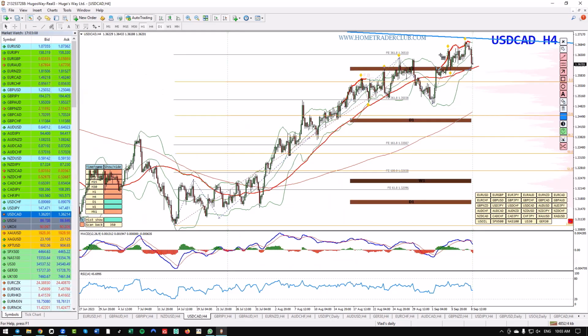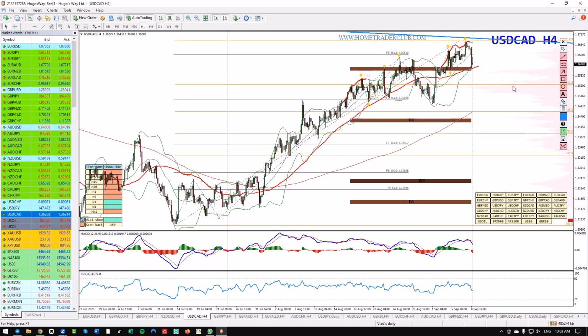And as per the targets, we need to plot Fibonacci on the whole move. The targets will be the 38.2. You can see here resistance and support demand area next to the 38.2.